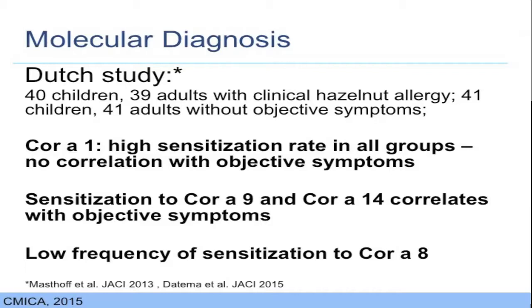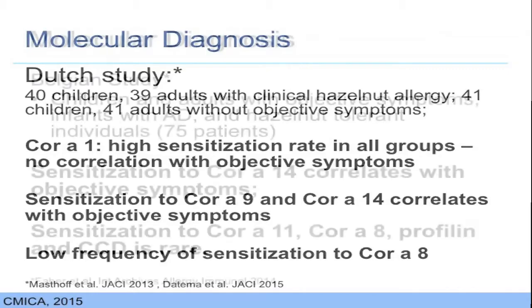But again, the correlation with objective symptoms was rather low, or there was no correlation. On the other hand, the sensitization to Cor a 9 and Cor a 14 correlated quite well with objective symptoms. And again, for the non-specific lipid transfer protein, which is relevant in peach, Cor a 8, a low frequency of sensitization was observed, and there is no good data around whether this really induces severe symptoms in hazelnut allergic patients.